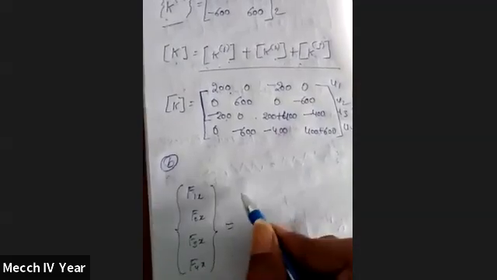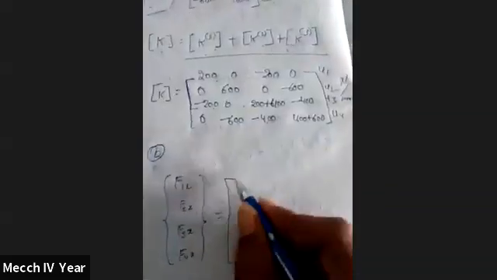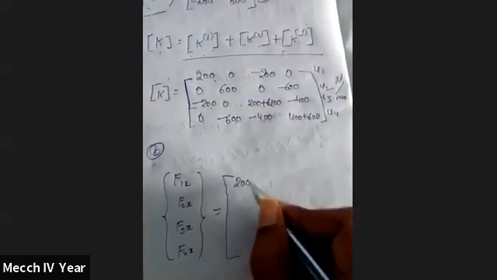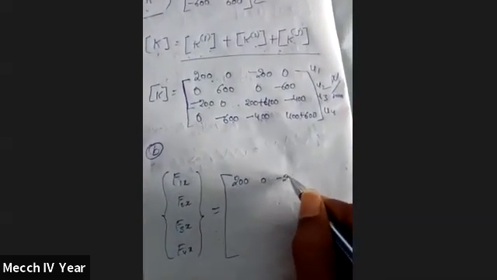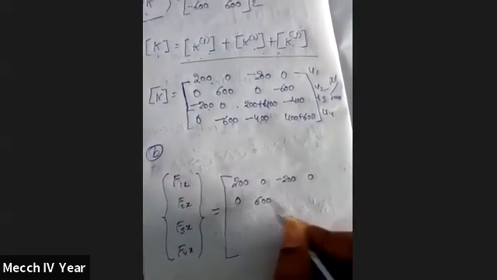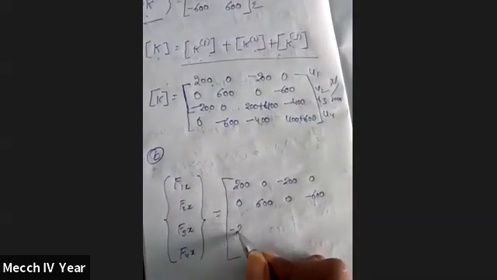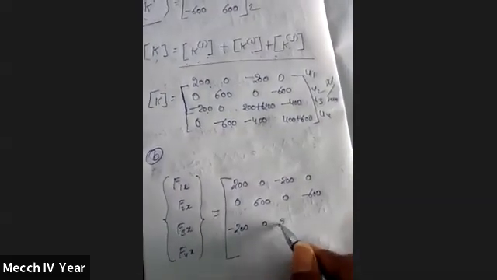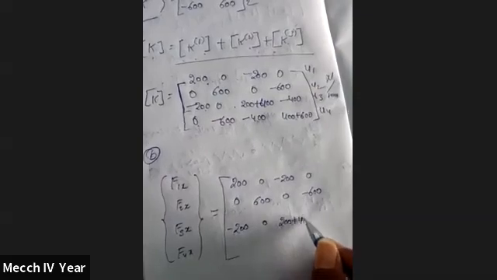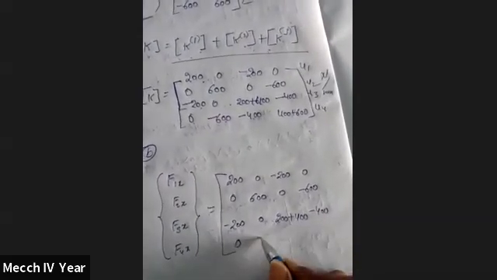This is equal to, as it is what we find here, I am going to write here 200, 0, minus 200, 0, and 0, 600, 0, minus 600, minus 200, 0, 200 plus 400, minus 400, and then now here 0, minus 600, minus 400, 400 plus 600.